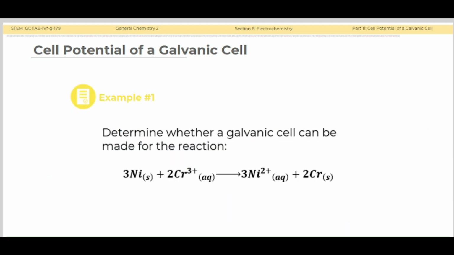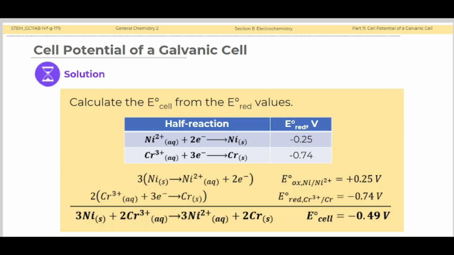Example number 1. Determine whether a galvanic cell can be made for the following reaction. Solution. Calculate the standard cell potential from the given standard reduction values. Note that we must reverse the sign of the standard reduction potential for nickel to nickel 2 ion, since the process is oxidation.